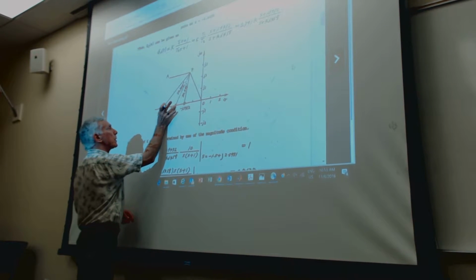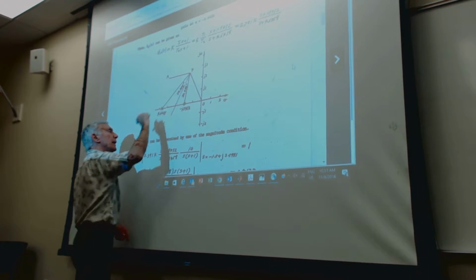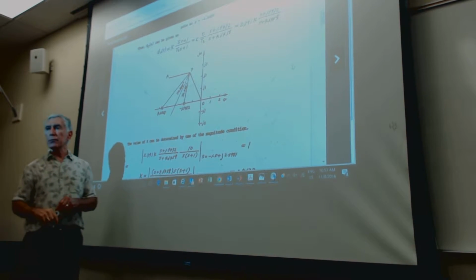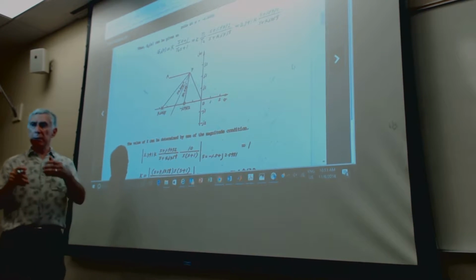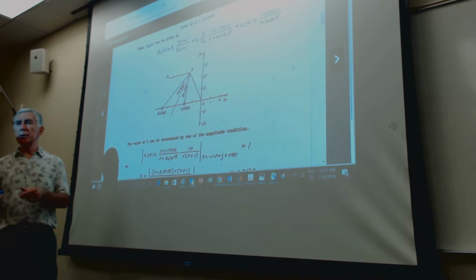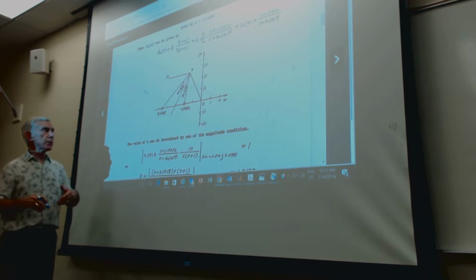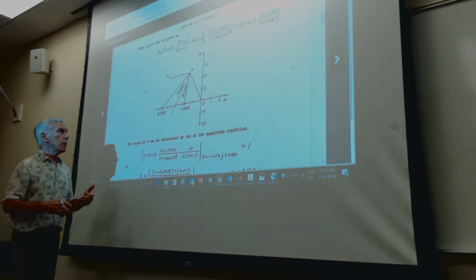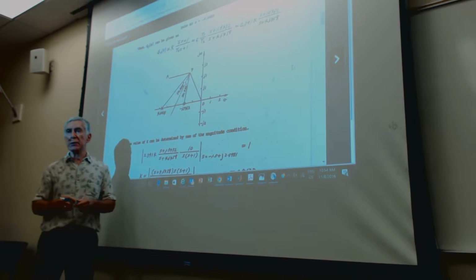And so if we know this length here and we know that point, we can get that pole there, and that gives us the pole and zero of the compensator. So it's just a matter of some geometry that's involved in this kind of problem.